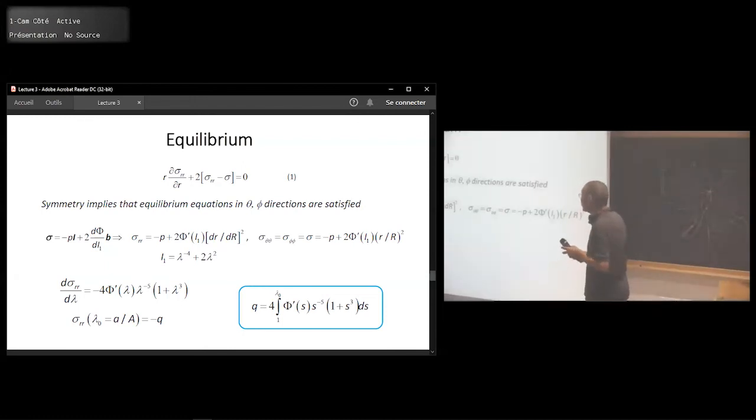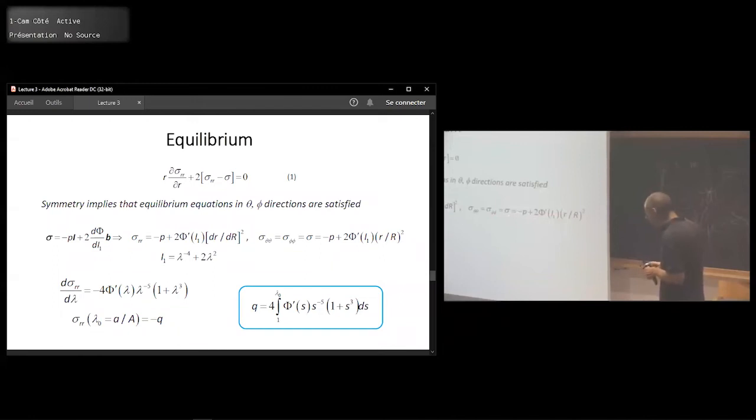General in the sense that phi can be any convex function of I1. So from this I can calculate sigma r. I can calculate sigma theta, sigma phi, and it's equal to a scalar sigma. This is a tensor. This is a scalar. I should use a different notation, and forgive me for that, because this is not boldface. So this is equal to minus p, and our goal is to determine this because everything else is known.